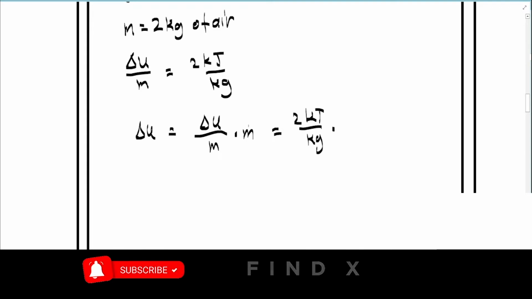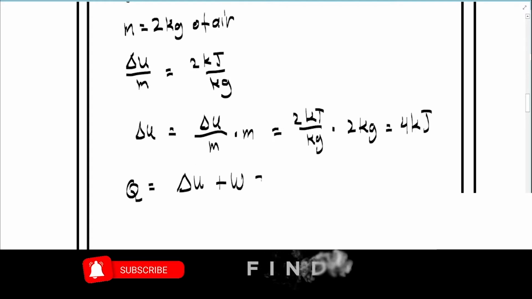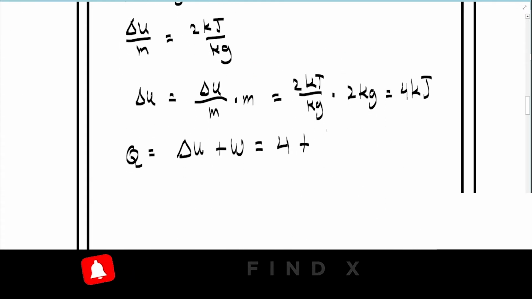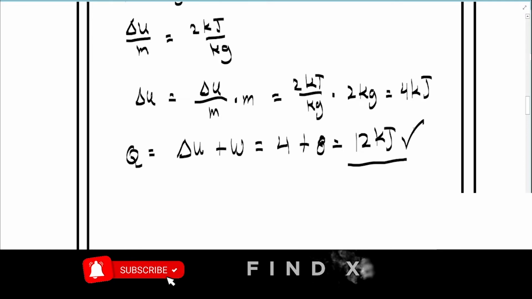As you can see, we can cancel out the kilogram, and then we'll have 4 kilojoules. Then Q is equal to the change in internal energy plus the work done. So this is just 4 plus 8, and the final answer is 12 kilojoules. I think that's it, and let's have the next one.